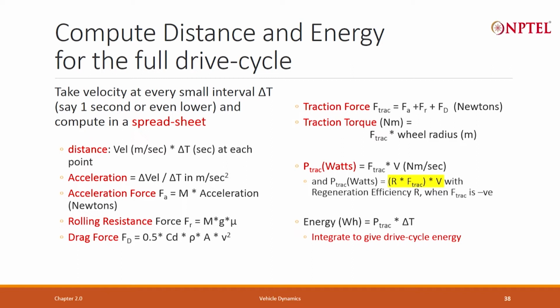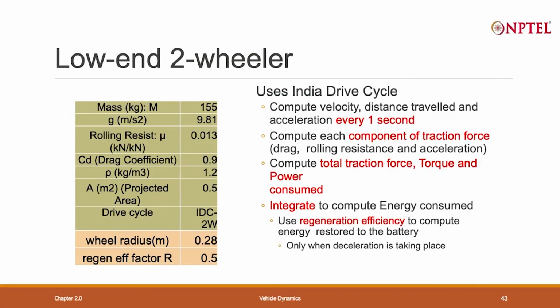You create a spreadsheet, and for example, I will actually do that for a two-wheeler, where I have given all the velocity. These are parameters that you have to put in the spreadsheet: the mass, g, rolling resistance, drag, rho, A, drive cycle. You can just give the name, and as per drive cycle, your velocity is changing. You have to enter the velocity as per drive cycle, wheel radius you have to define, regeneration efficiency you have to define.